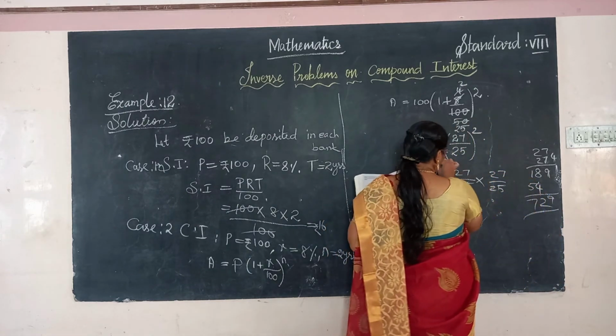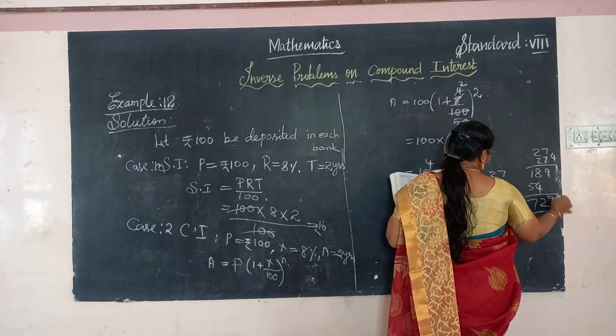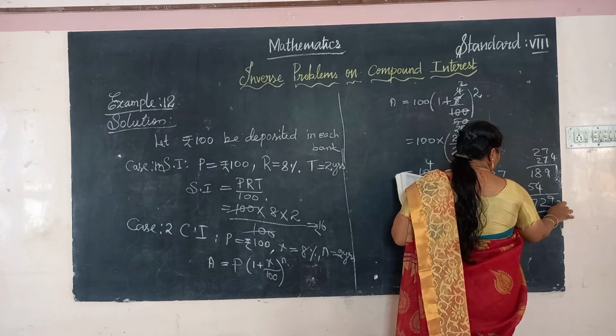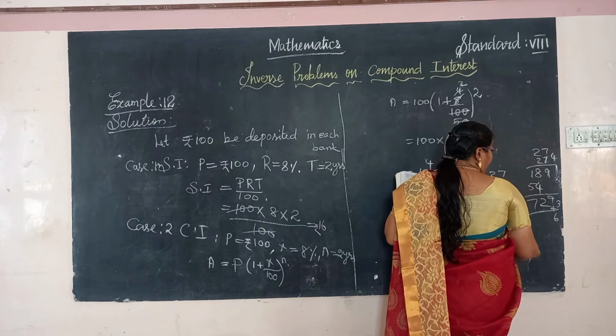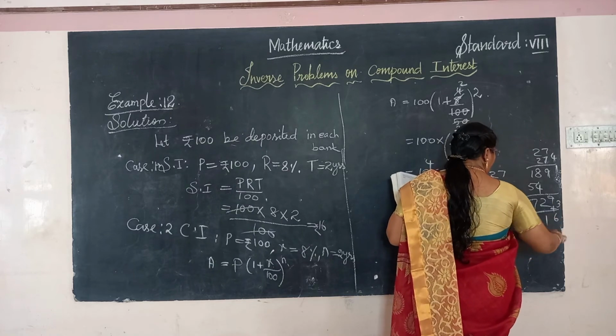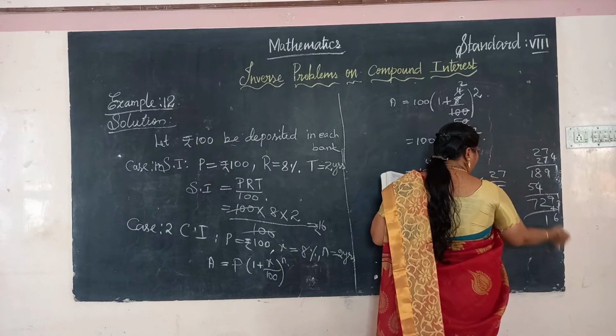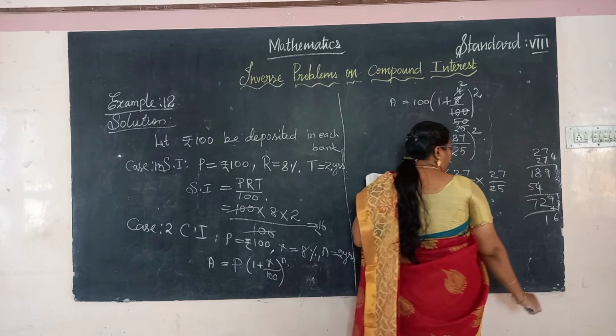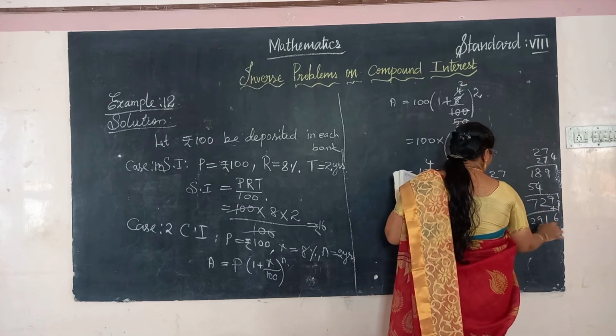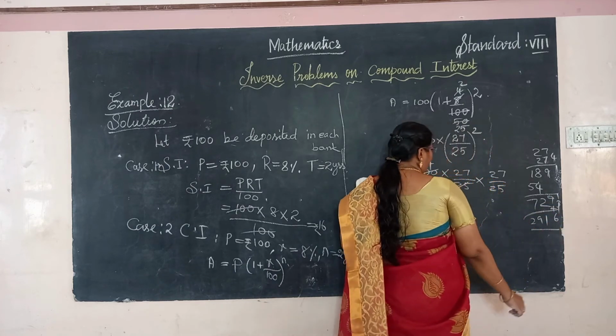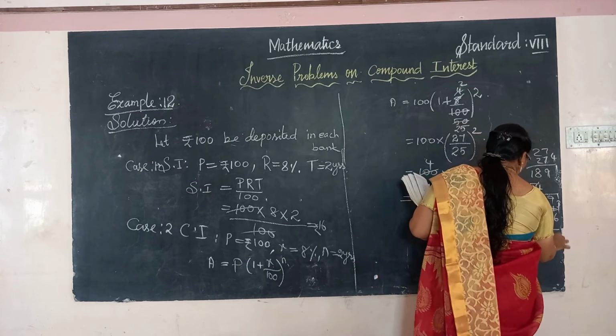Okay, so multiply by 4. 9 fours are 36, 8 plus 3 is 11, remaining 1, 28, 29. It's divided by 25.